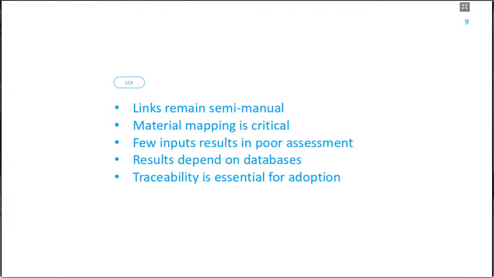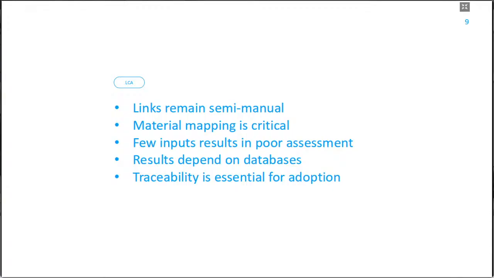And so for LCA, there are a lot of similar issues. Links are often semi-manual. So again, it's an interoperability issue when translating between software. For material mapping, LCA is very highly dependent on the coefficients, and those coefficients are dependent on the materials which are assigned to the geometry.